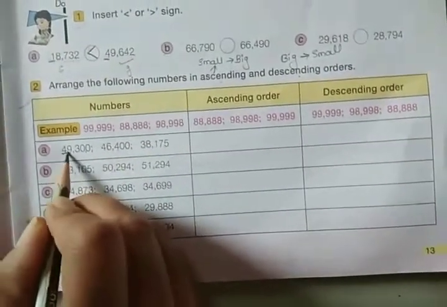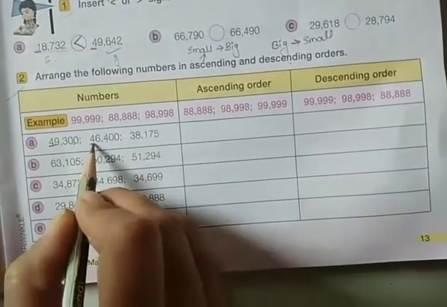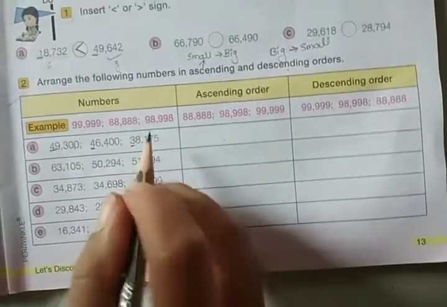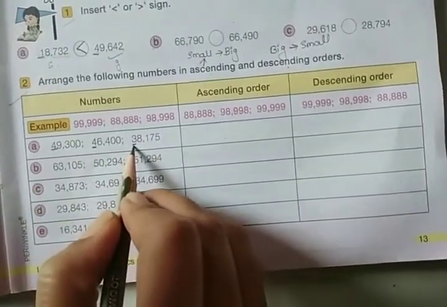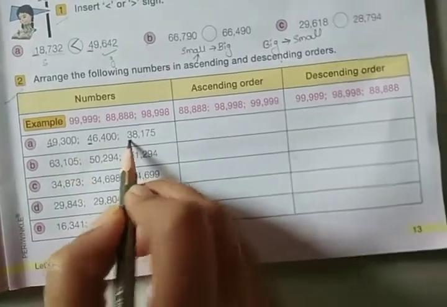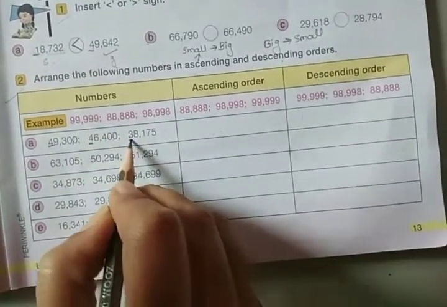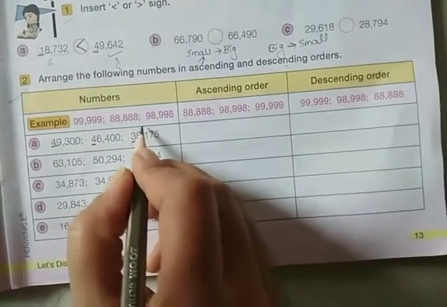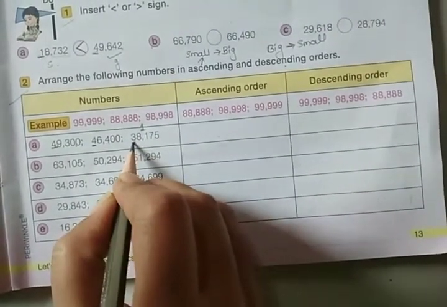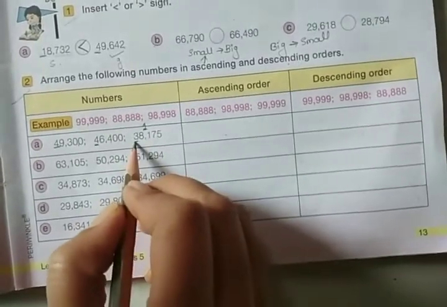Here 4 is there, here also 4 is there, and here 3 is there. Among 4 and 3, which is smallest? 3 is smaller than 4. So this number is smallest, because 3 is small in the 10,000 place.